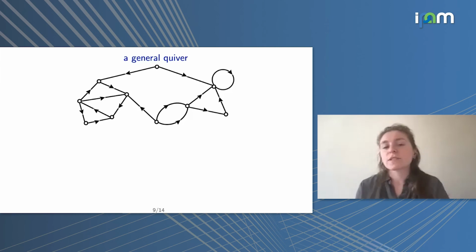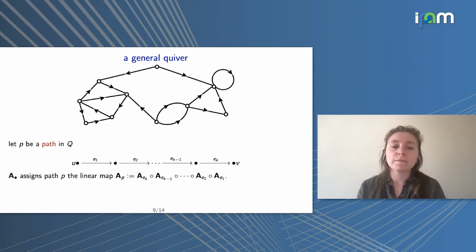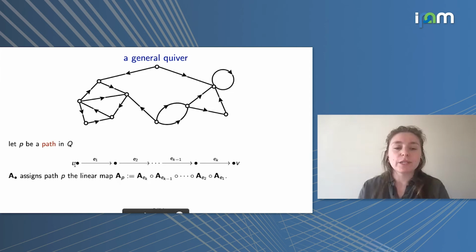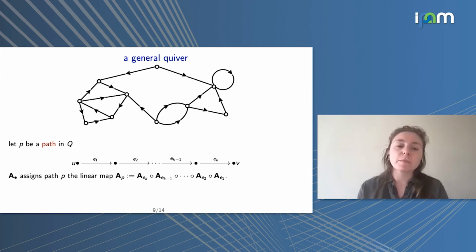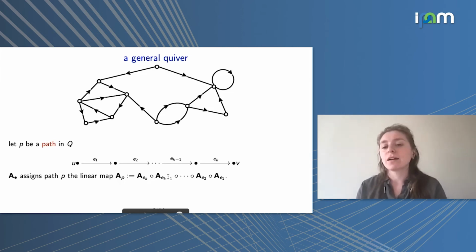Okay, so we want to sort of scale this up to deal with a more general quiver. So what's a principle that holds? Well, if P is a path in Q, so we start at some vertex U and we apply a sequence of directed edges to get to some vertex V, then the representation assigns linear maps to edges, but also assigns linear maps to paths just by composing the linear maps along the path.